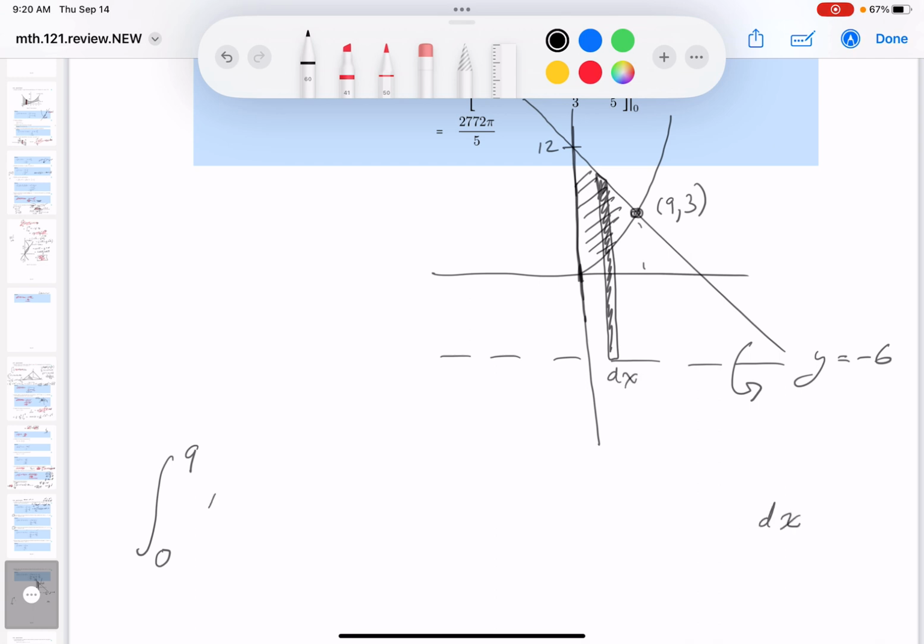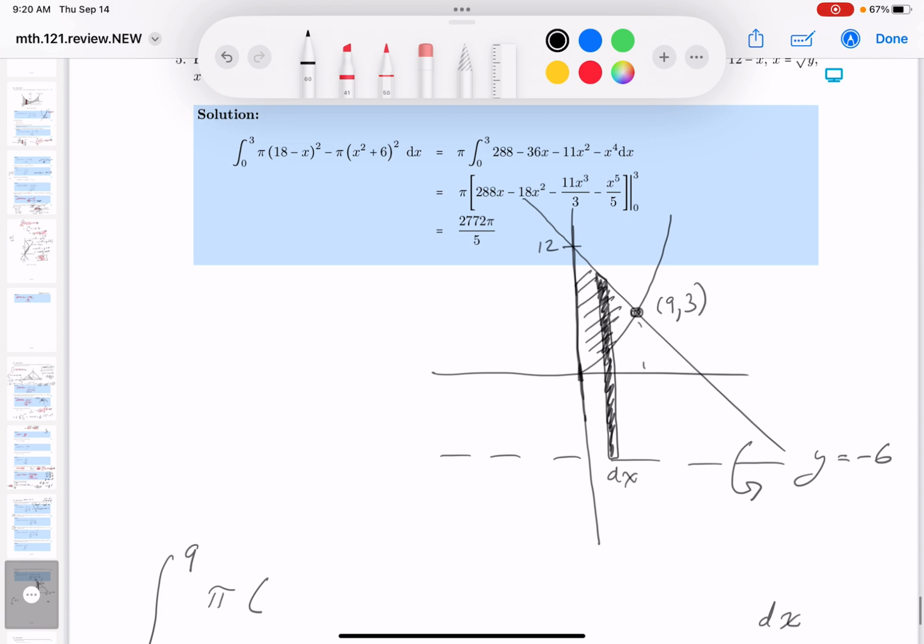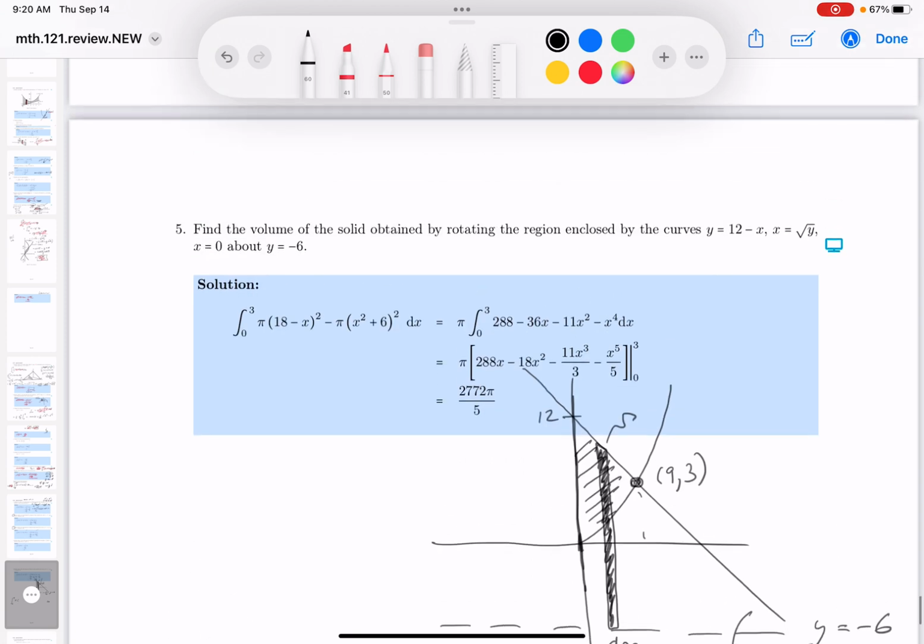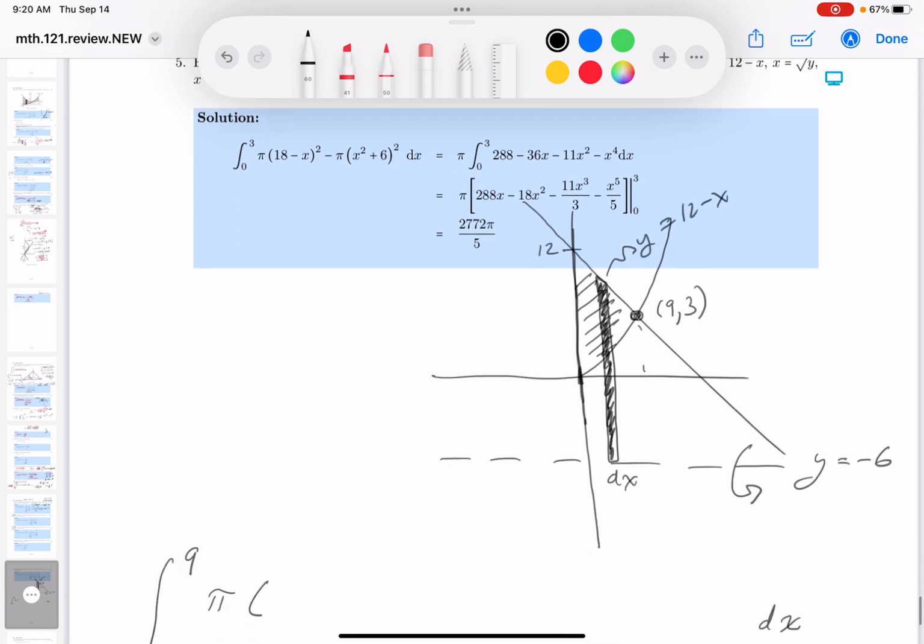And then I'm going to put the pi. I want to do the big guy first. And what's that going to be? Well, it's really the line. And the line was just y equals 12 minus x. So it's going to be upper minus the lower. So that's going to be 12 minus x minus a minus 6. I'll write that down for you.